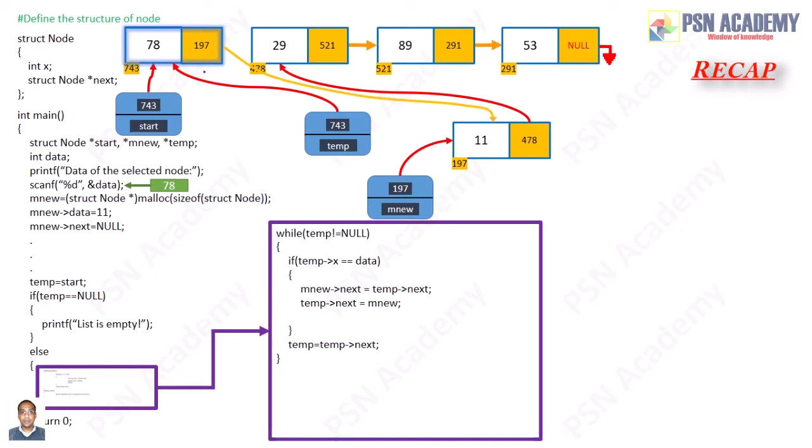So you see that this one is first node and next is at 197, that this becomes the second node. This is a new node here you have inserted, and this one has become the third node, because after this second node 478 is here, that is this node, right? So you write a break statement so that the movement of the temp stops here.